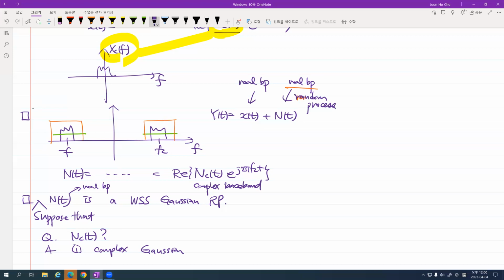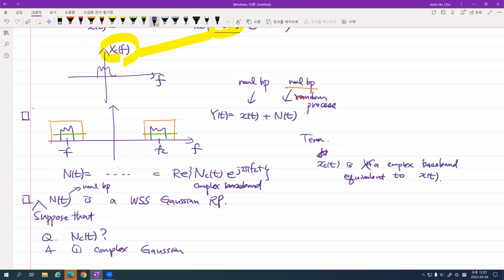By the way, there is a terminology like this. We say xc(t), that complex baseband signal, is a complex baseband equivalent to x(t). Got it?